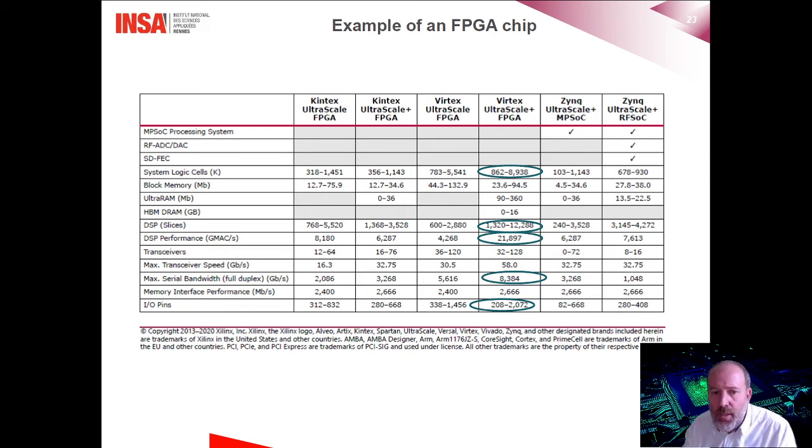This table also includes the number of input-output pins, which can be as many as 2,000 for the largest FPGAs. So it seems obvious that today's FPGAs are huge components with a huge amount of resources, capable of performing very complex operations and implementing a wide variety of applications. Their role today goes far beyond the simple circuit for prototyping.